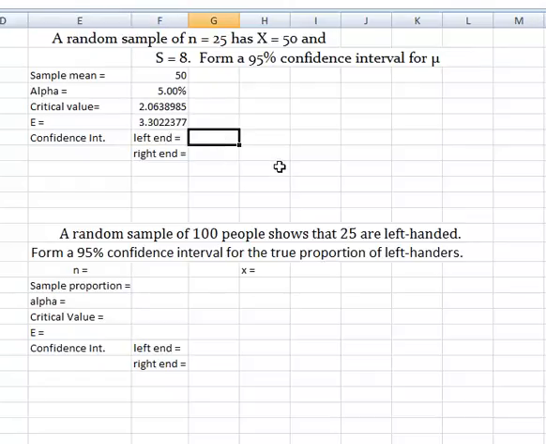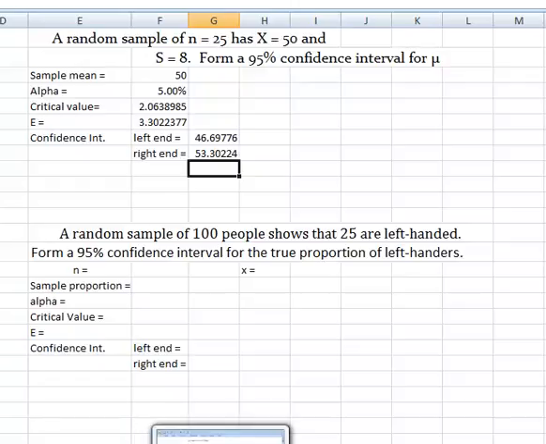The confidence interval left-hand side will be the sample mean, 50, minus E, and the right-hand side will be the sample mean plus E. So the confidence interval is approximately 46.7 to 53.3. This is a very simple example.